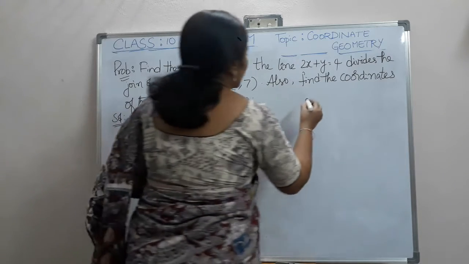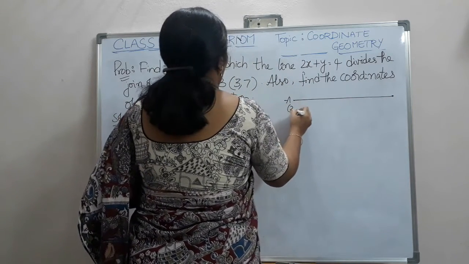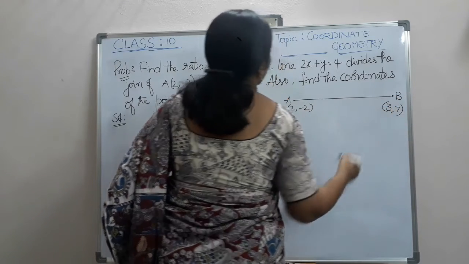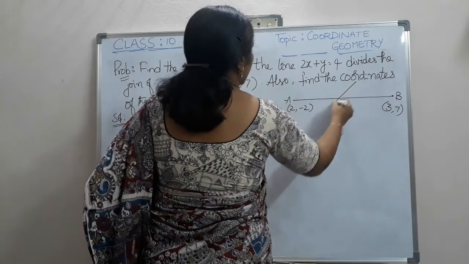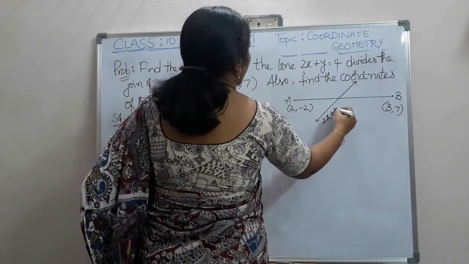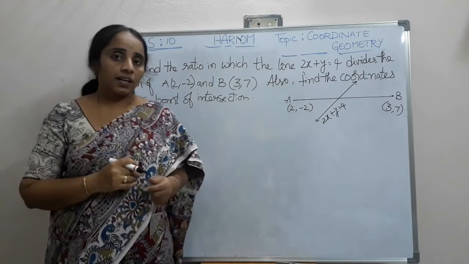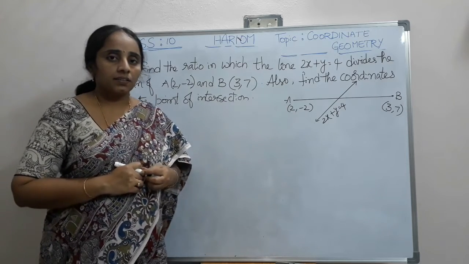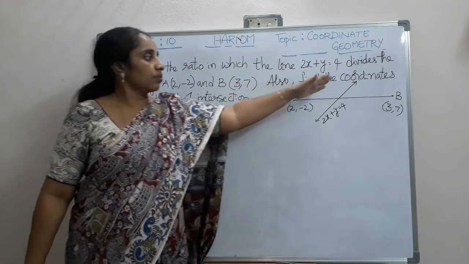Here AB is a line segment, and again one more line, 2x plus y is equal to 4. As you learnt already in 9th class, in linear equations, we draw a line with a linear equation in two variables.